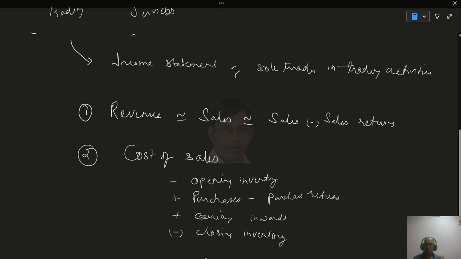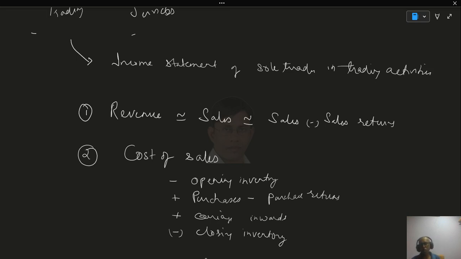So all this put together is nothing but cost of sales. So when you say cost of sales, it is nothing but opening inventory plus purchases minus purchase returns plus carriage inward minus closing inventory. So that is cost of sales.